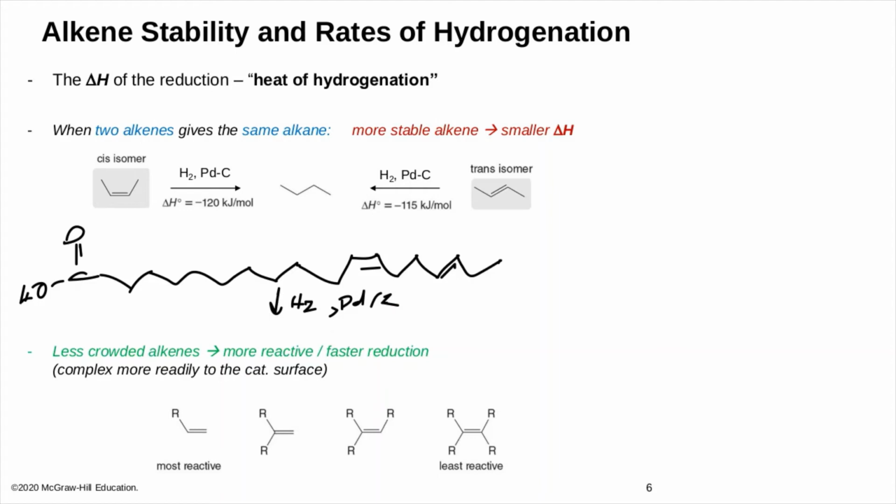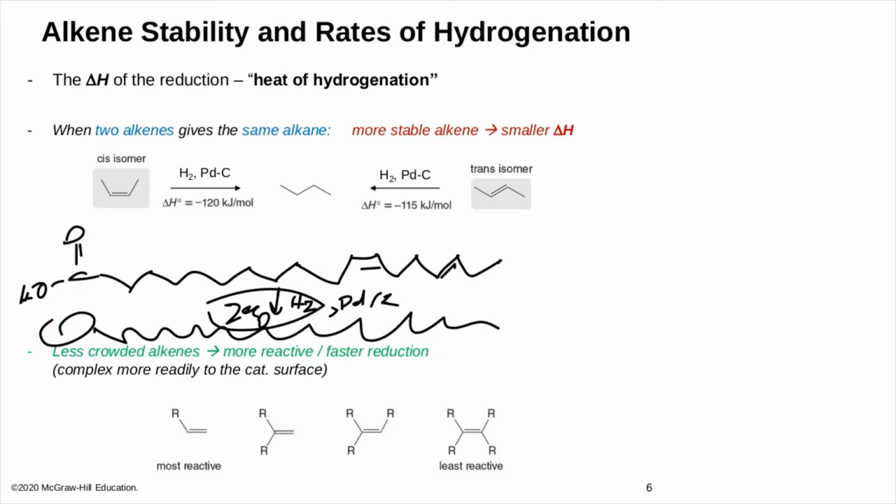So if I add in two equivalents of hydrogen, meaning twice as much to be able to reduce two alkenes, I'm going to go all the way. I'm going to just call that a polar head. I'm going to go all the way to the alkane. I'm not even going to count my carbons. But both of these alkenes are going to be reduced, and that's because alkenes react with hydrogen on palladium to go down to the alkanes.